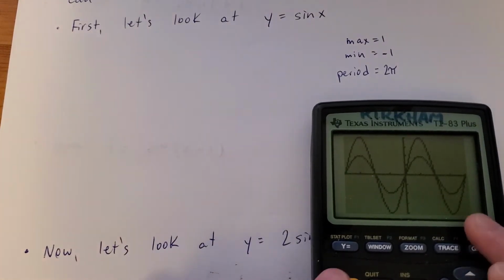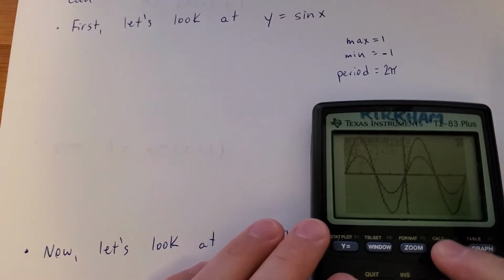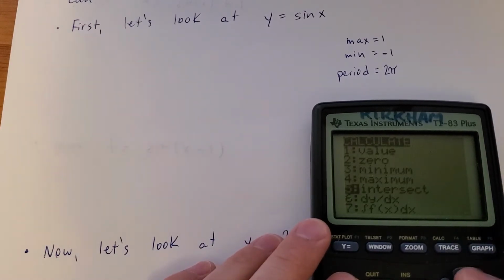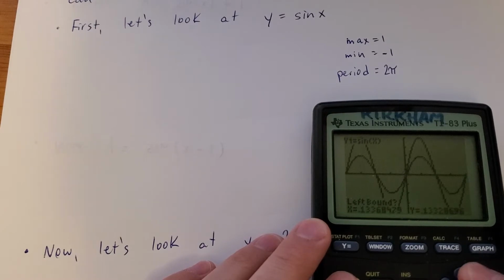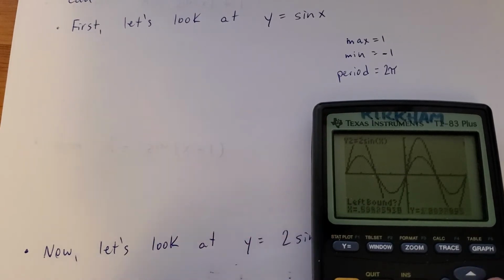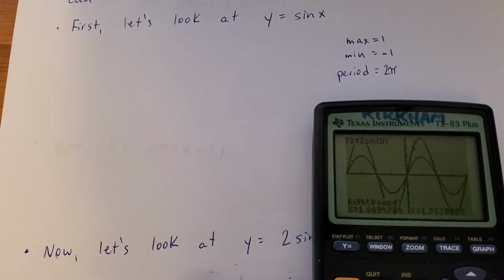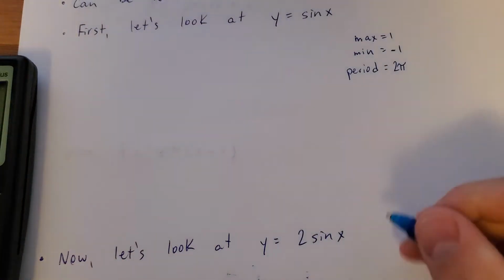Okay, let's actually investigate. Let's calculate a maximum. Oh, I think I'll need to actually delete. Nope. Okay, so now notice I'm tracing 2 sine x, which is nice. I'm going to find the maximum. I think it's going to be 2. Check it out. The maximum now is 2. So when there was a 2 in front of sine x, the maximum is now 2.